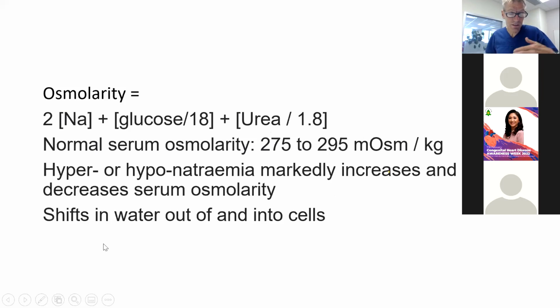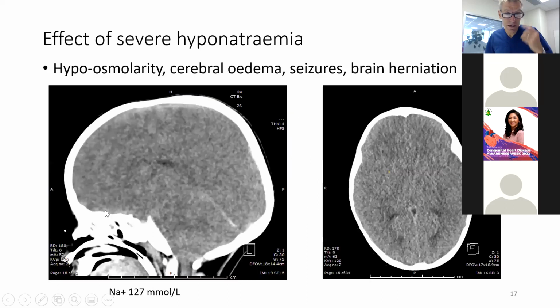And that leads to major shifts of water in and out of cells. The sodium doesn't travel across the cell membrane, but water will travel to try to correct the serum osmolarity. And so if you've got very low serum osmolarity because you've got low serum sodium, then water will move into cells and the cells will swell.